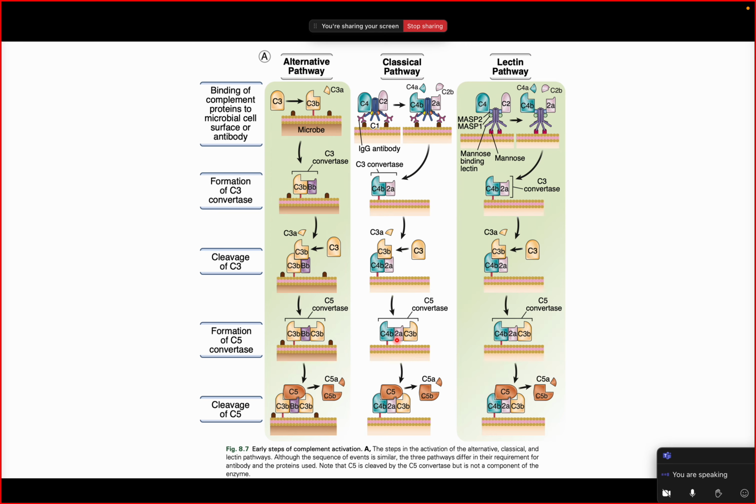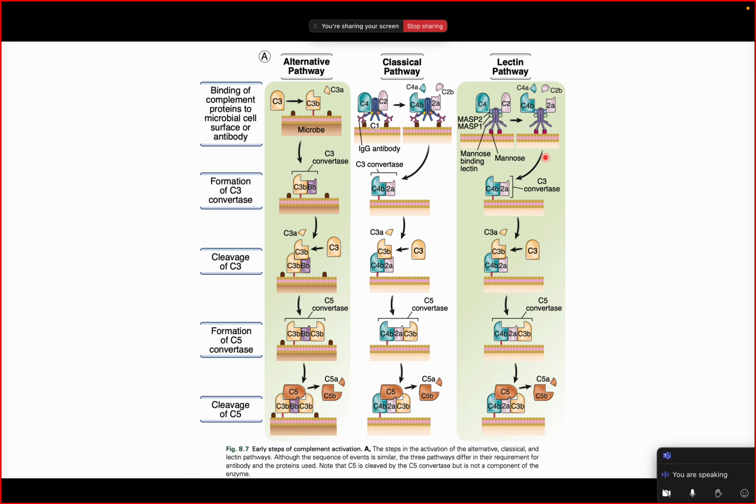So now you know that only the classical pathway is the one in which antibody is actually required for its initiation. Only one pathway is dependent upon the antibody. No other pathway is dependent on the antibody.